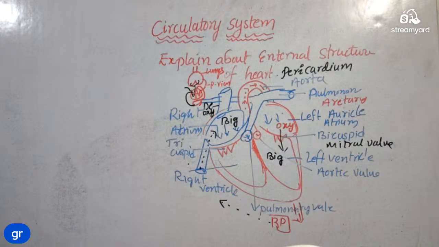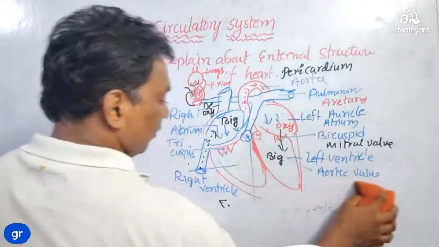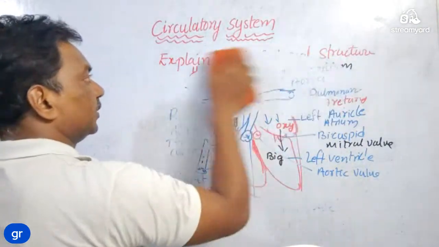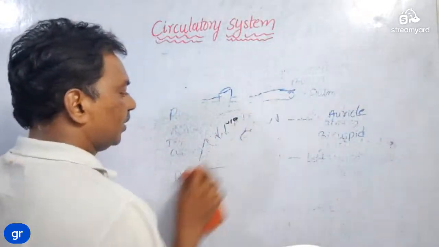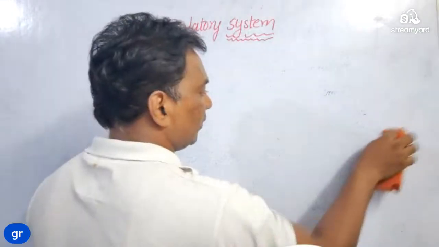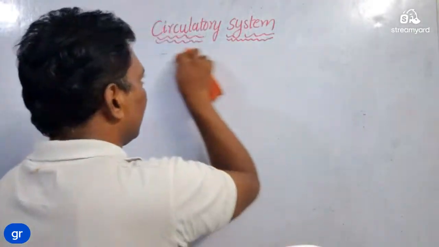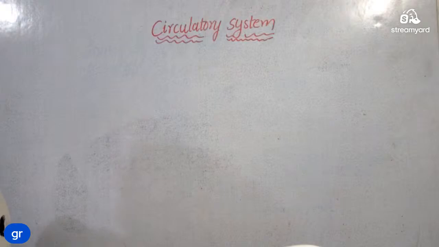How many types of blood vessels are there? What are those? There are 3 types of blood vessels.